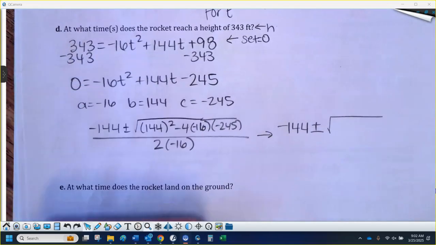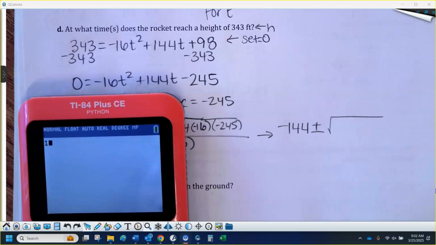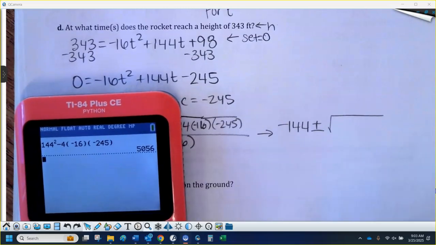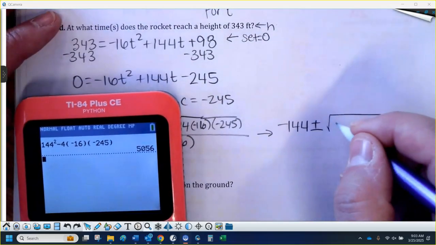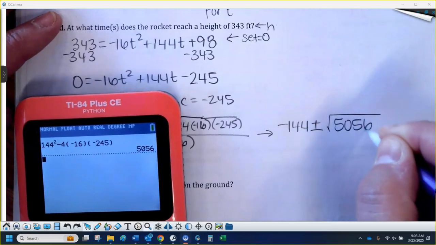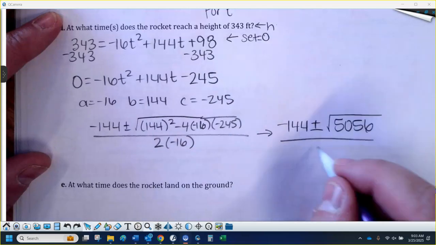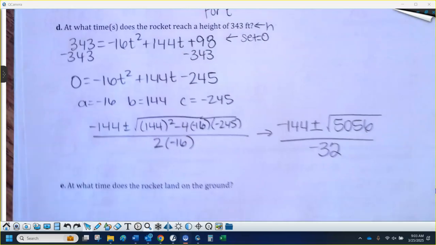It's 144 squared minus 4 times our A value, negative 16, times our C value, negative 245. We're just going to round to the nearest hundredth. My 2a on the bottom, 2 times negative 16, is negative 32.